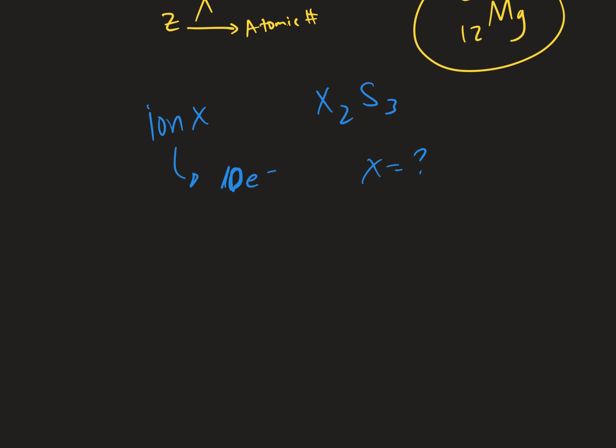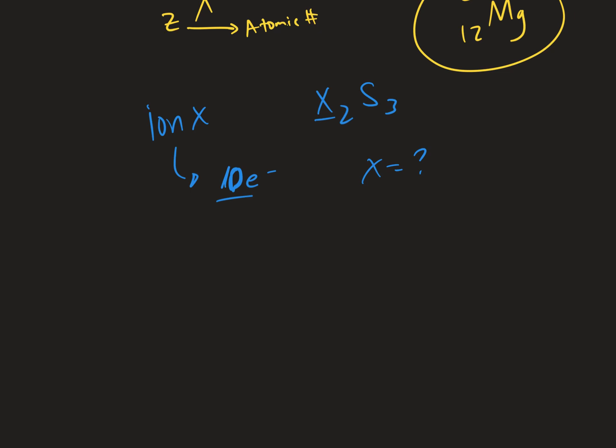Well, if it's an ion, what does that mean? It lost or gained electrons. After it lost or gained electrons, it now has 10 electrons. You with me? So what did it do? Did it lose or did it gain electrons? X is the cation.